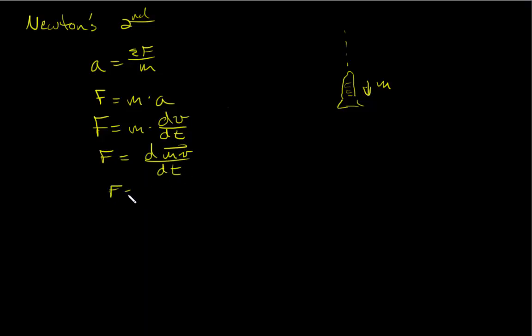And that is simply the change in momentum with respect to time. So this is Newton's second law in terms of momentum. This is really useful, particularly when masses start changing. So we talked about the momentum principle. How about graphs? Let's look at graphs real quick.